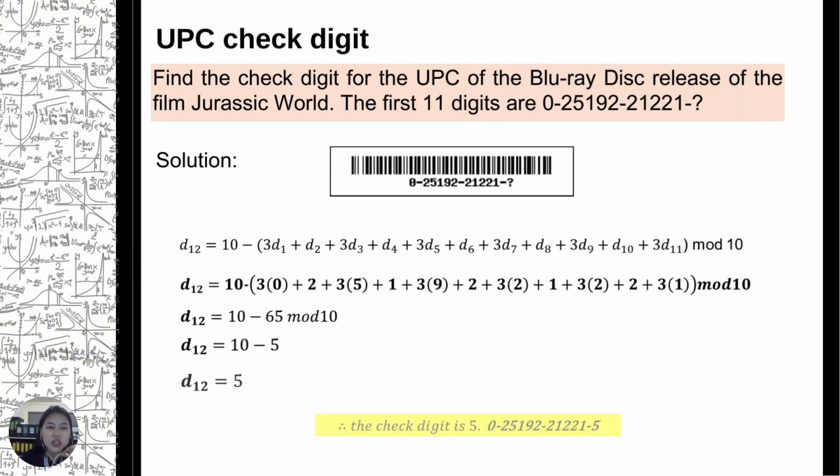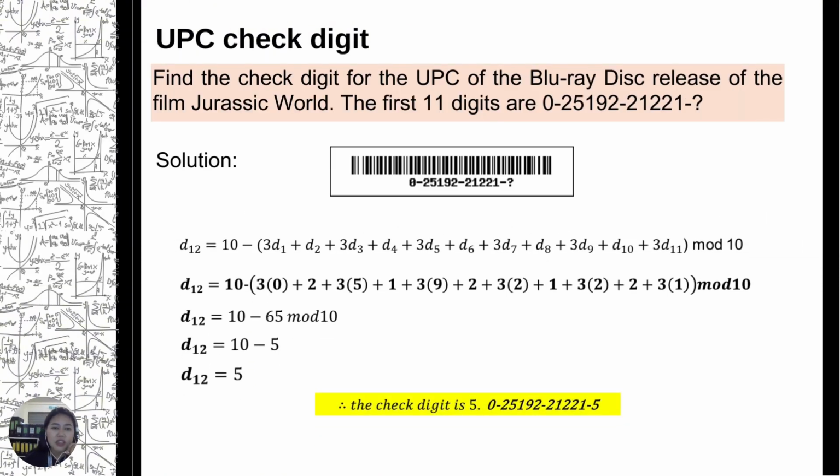Here in this problem, it starts with the coefficient 3 and then alternates until 3d sub 11. So they are somehow related, but the designation of 3 is in an alternating way. So 10 minus 3d sub 1 plus d sub 2 plus 3d sub 3 plus d sub 4 until 3d sub 11, modulo 10.